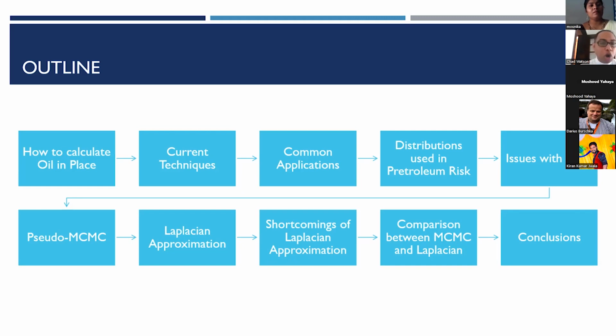Technically it's not a Bayesian framework we're looking at, but because we're looking at expectation, and in petroleum risk we sometimes use what's known as pseudo-MCMC algorithms, and you would have heard of MCMC algorithms before. It usually relates to the posterior, but the reason why it's called pseudo is because you technically don't have an expectation, so to speak.